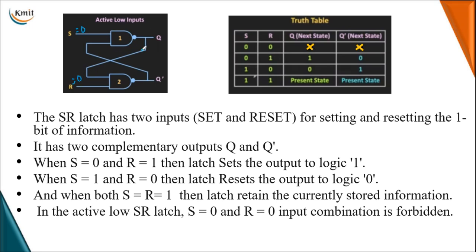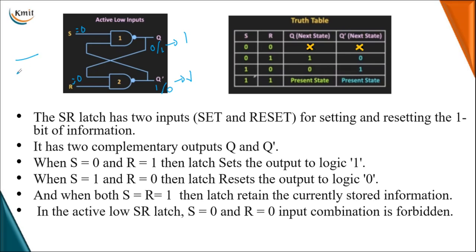If both inputs are 0, 0, here your present state is 0 or 1, and your next state, since set input is 0, becomes 1. Your complementary state is 1 or 0, and this gate output is also becoming logical 1, since R is equal to 0.